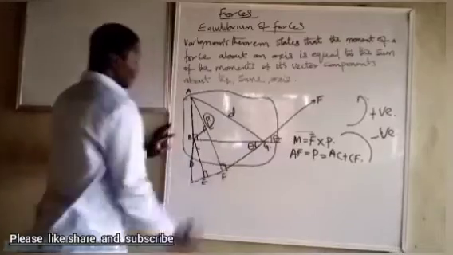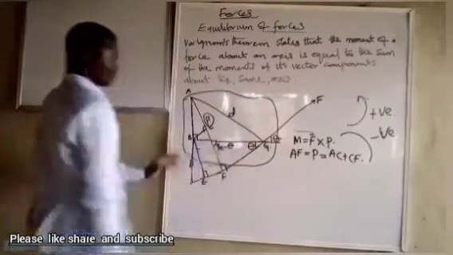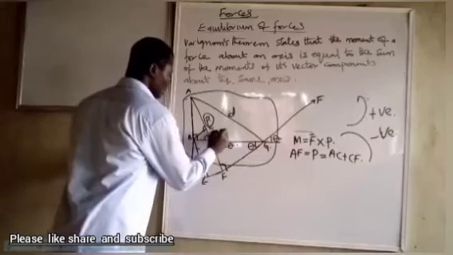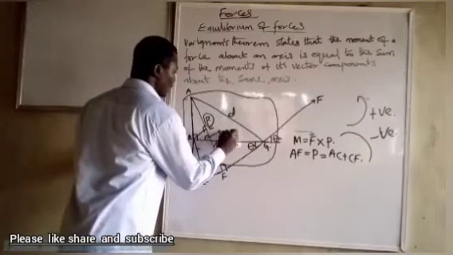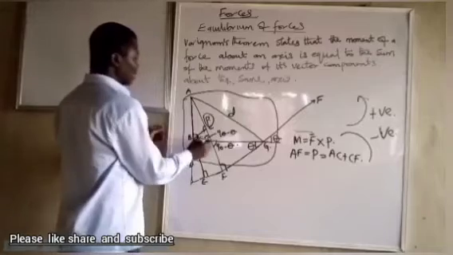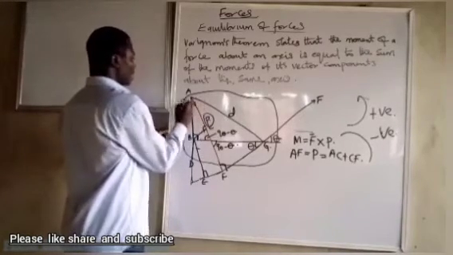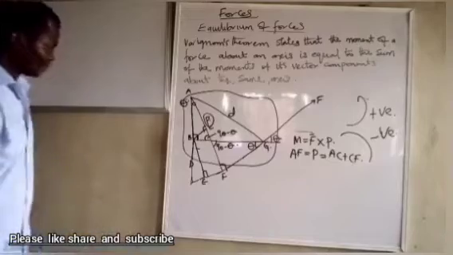This place is perpendicular here already. So this place will be 90 minus theta. And this place too will be 90 minus theta. Vertically opposite angles. Since this is a right angle triangle, this place will be theta. So we have established that to be theta.